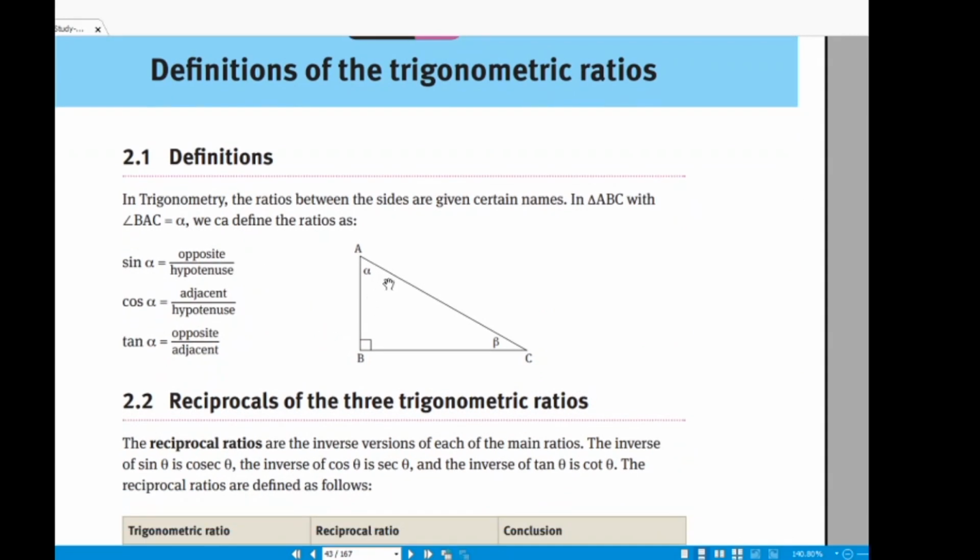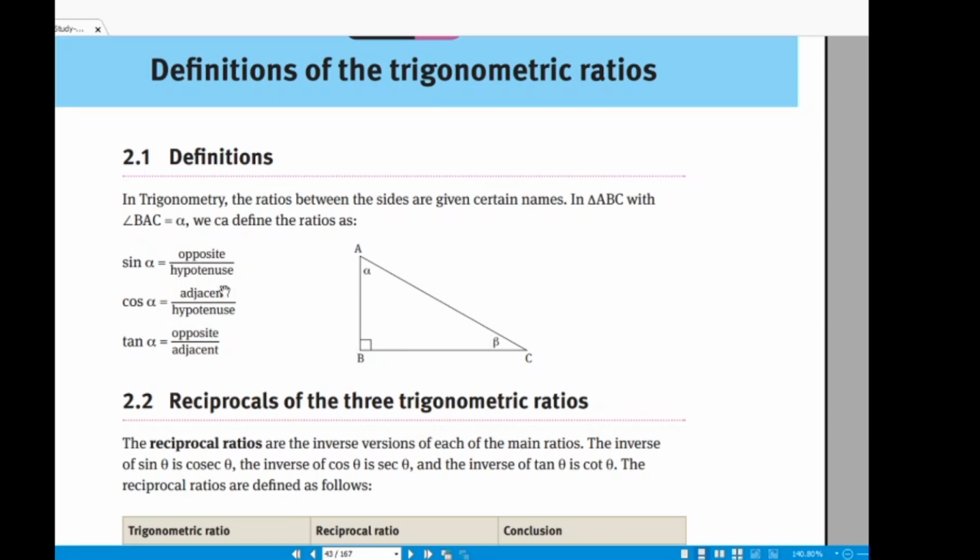In triangle ABC, from the point of reference angle alpha, BC is the opposite side, AB is the adjacent side, and AC is the hypotenuse.